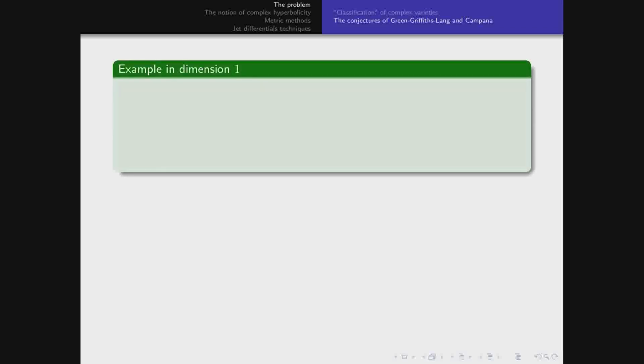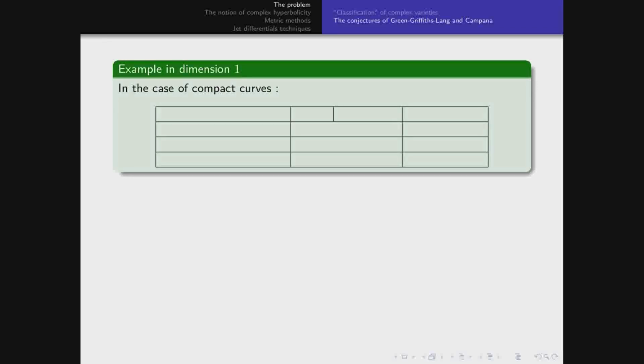Okay, now if you recall the case of curves, well, you can see easily that the two conjectures which I have written before are true in dimension 1, in the projective case. So, if I recall what we said before, in the case of compact curves, then you can see easily that the two cases genus equal to 0 and genus equal to 1 form the special type case, and the case of general type, well, as we said before, is the case where the genus is at least 2.